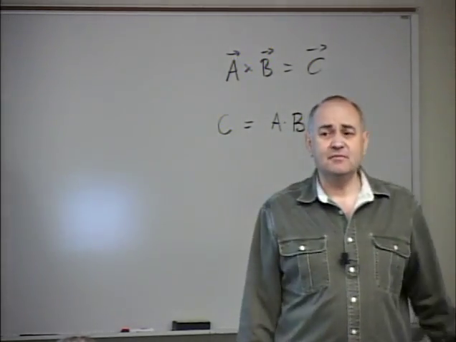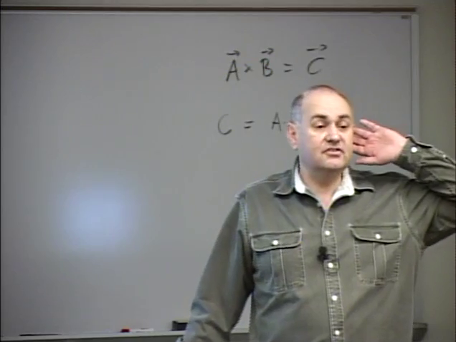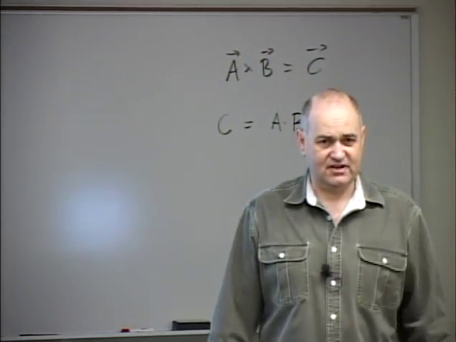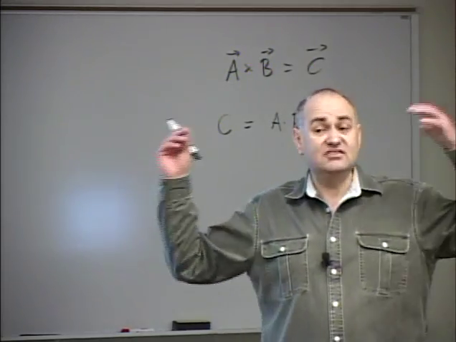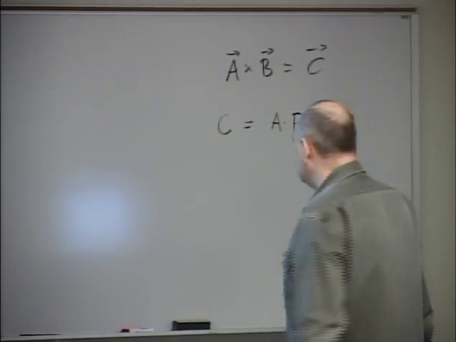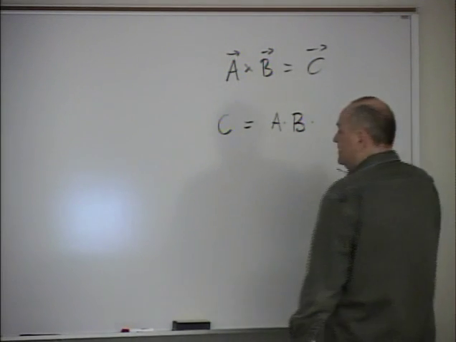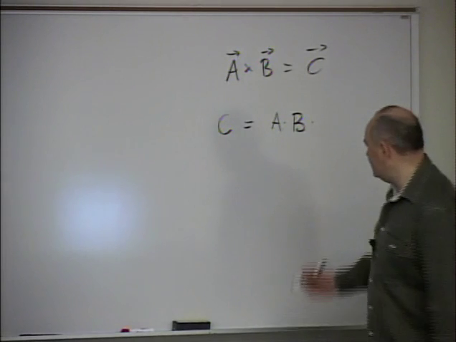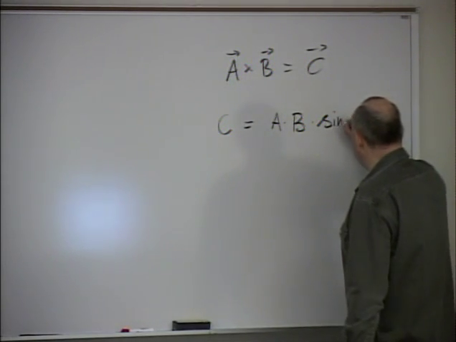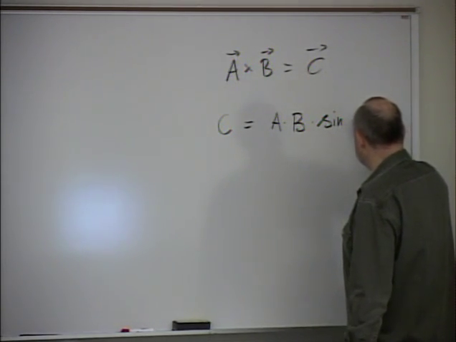Yeah, of the angle between them. Not cosine, that is the scalar product. The scalar product takes the cosine of the angle. The vector product requires the sine of the angle between the two vectors.